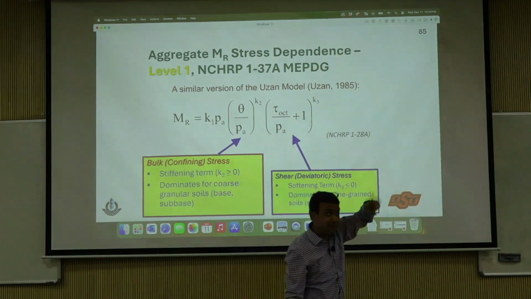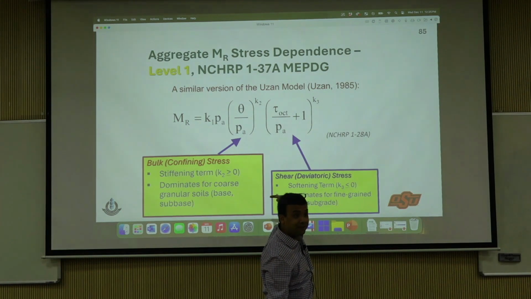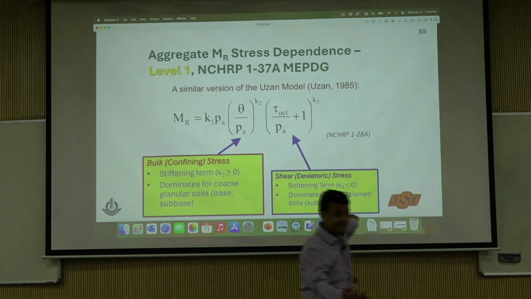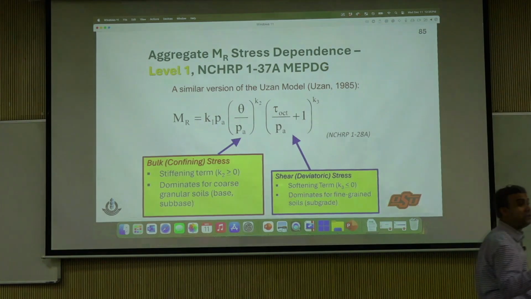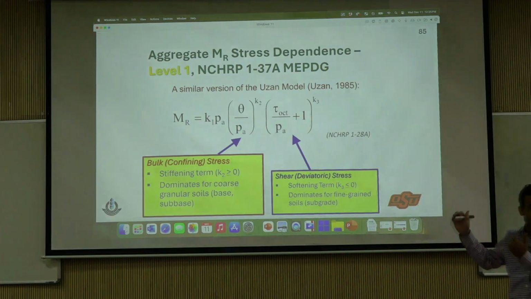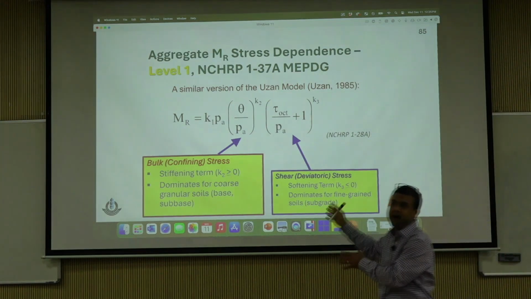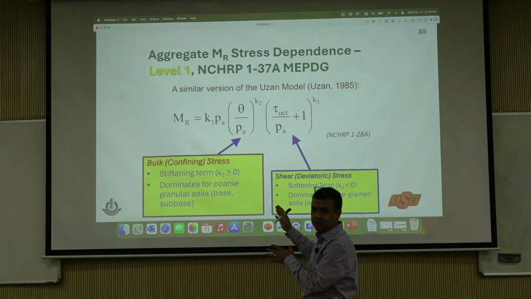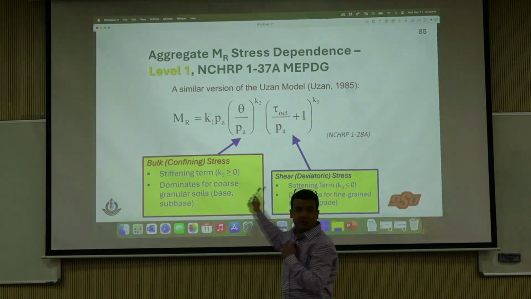Unitless. If there was no PA, what would it be? Megapascal or something, right? Pay attention to how the model is defined. I see a lot of times in literature, people just coming up with their own version of things. It's not fair. You have to give credit to people and define it the way it should be defined. Any questions about this?